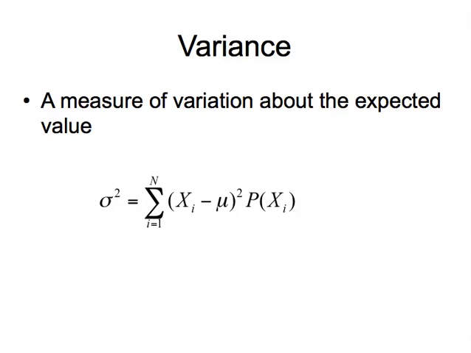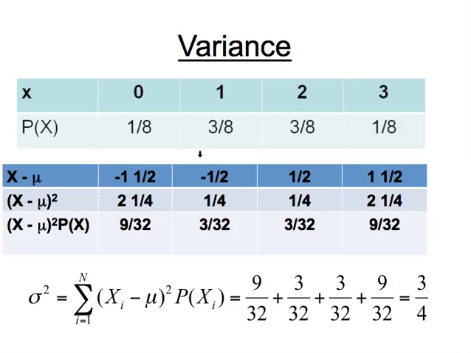Now that we have found the mean, we need to find the spread of this value. So we're looking at variance as our measure of spread. The formula for variance is the sum of x minus the mean, squared, times the corresponding probability. So you find how each of those x values deviates from the mean, then you square it, then you multiply by the corresponding probability.